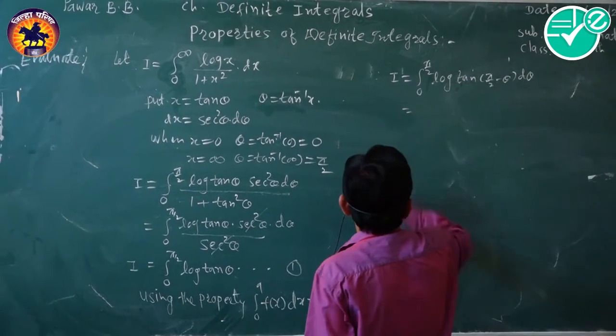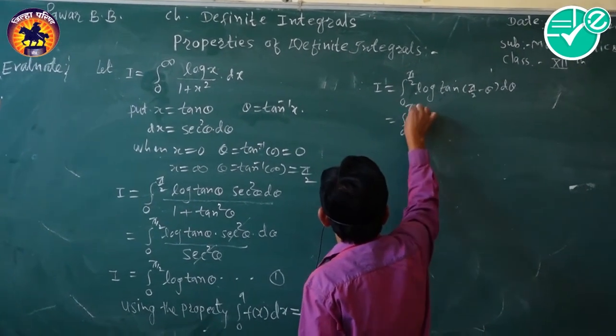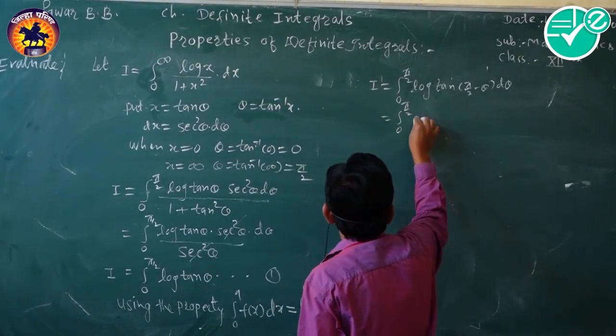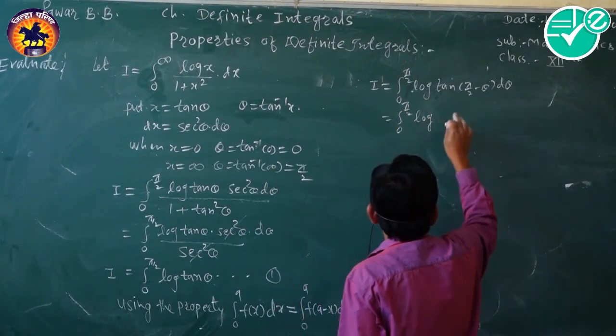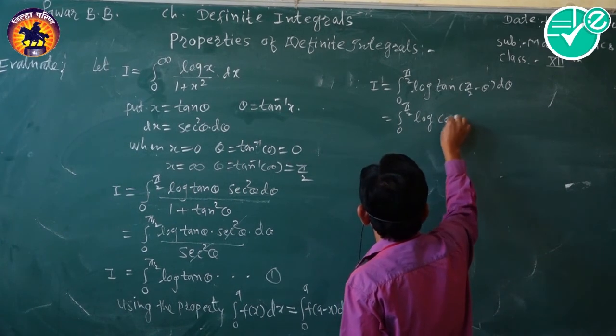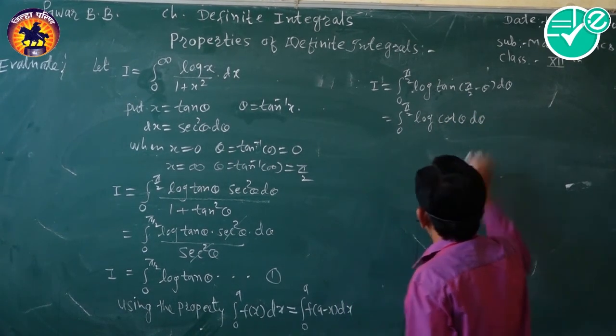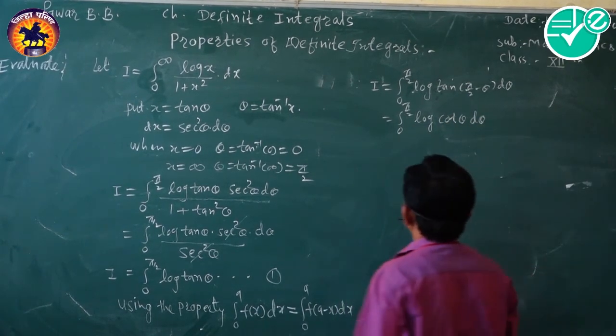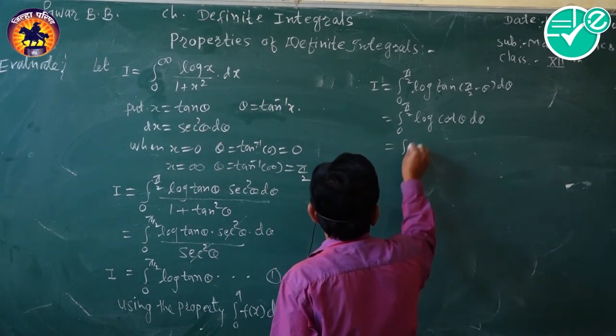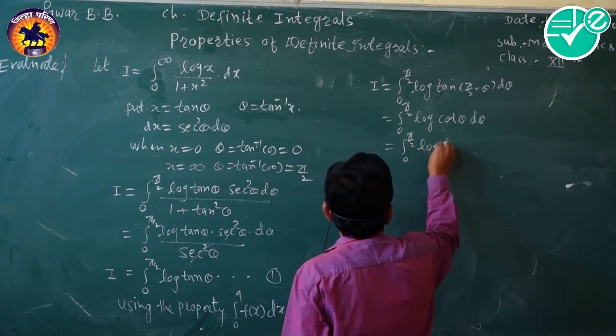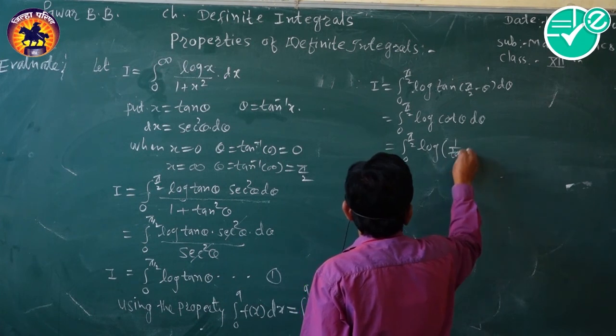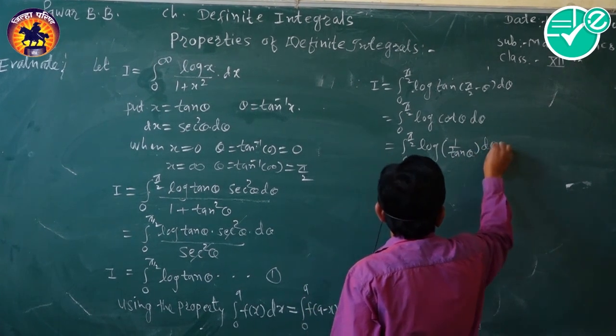This is equal to 0 to pi by 2 of log of tan of pi by 2 minus theta, which is cot theta, into d theta. This is equal to 0 to pi by 2 of log of 1 by tan theta into d theta.